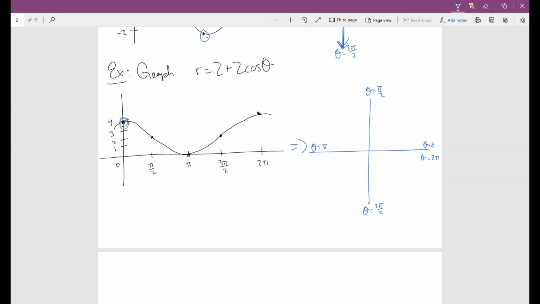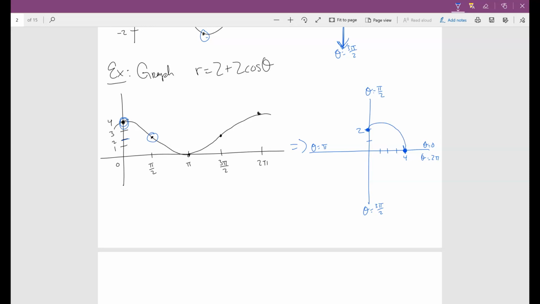It's going to start at 4. So at theta equals 0, you're going to be at 4. 1, 2, 3, 4. So that's where we're going to start. Okay. Then we're going to go to pi over 2. And at pi over 2, you're going to be at 2. It's going to be 1, 2. Okay. So you're going to go from here, and you're going to go all the way to 2.